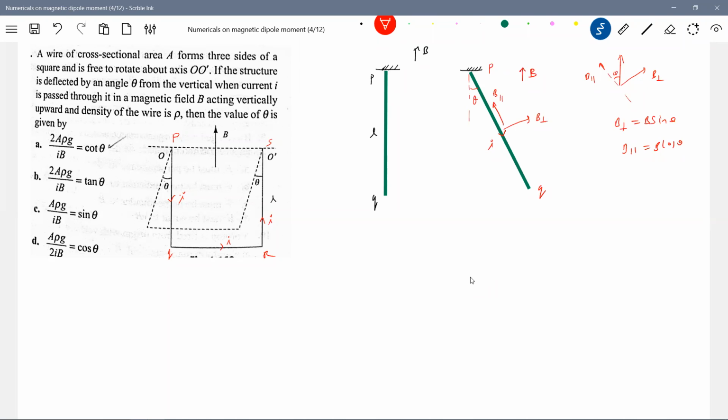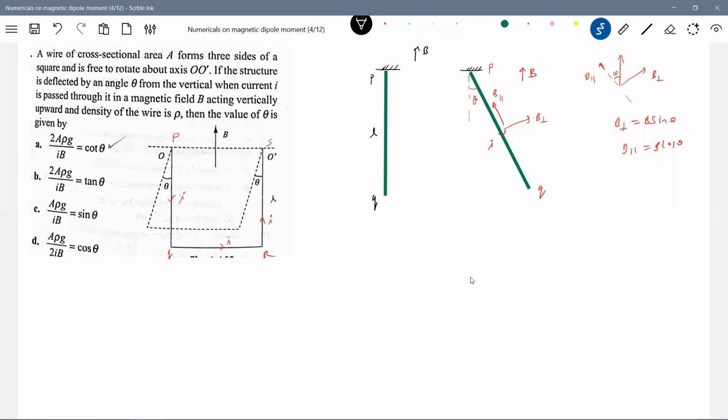Okay, now get into this one. B perpendicular, so how will the force act, in this direction. It is perpendicular to the rod PQ. Similarly, on the rod RS, it will be equal and opposite. The forces acting on the rods PQ and RS will be equal and opposite. Hope everyone is able to understand. I don't have many directions here. I'm asking you to take how the force will act. The force will act perpendicular to the rod PQ, out of the plane of paper, according to the given diagram.